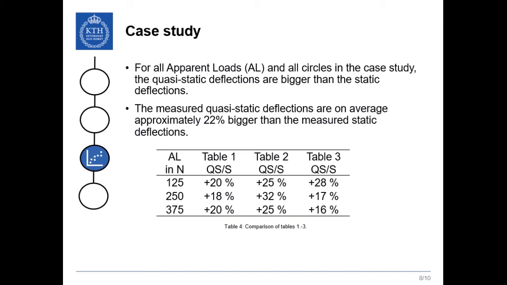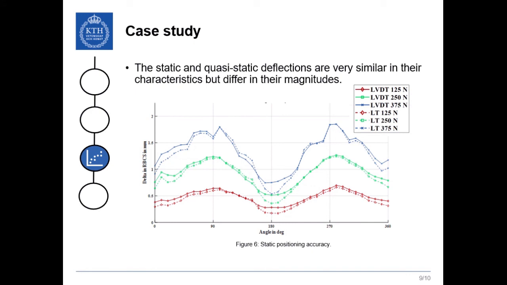For all acting loads and all circles in the case study, the quasi-static deflections are bigger than the static deflections. The data have been measured using the LVDT as well as the laser tracker. The difference in the measured LVDT and laser tracker data can be accounted for by the distance between the measurement points. The static and quasi-static deflections are similar in their characteristics, but they differ in their magnitudes.